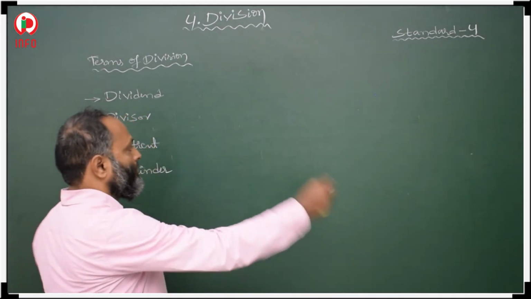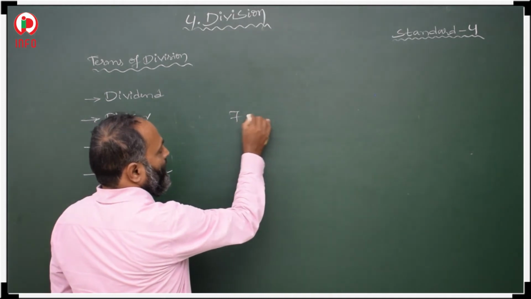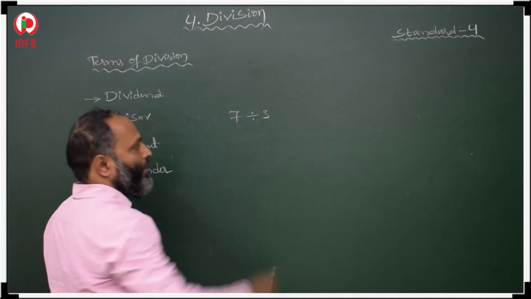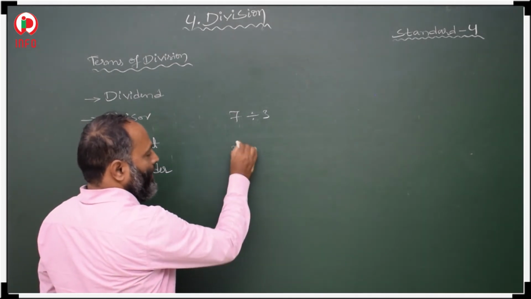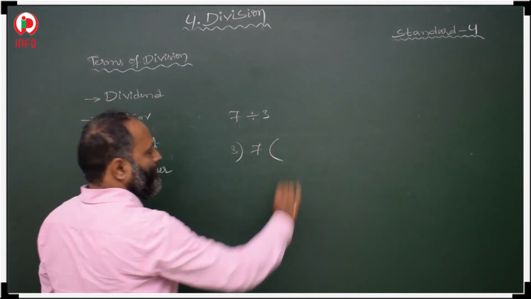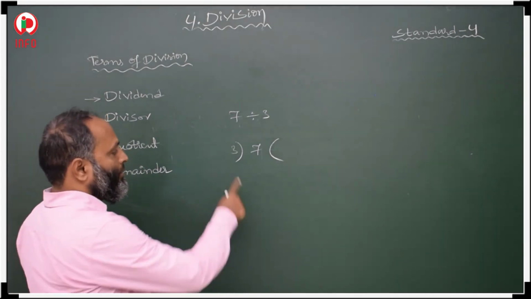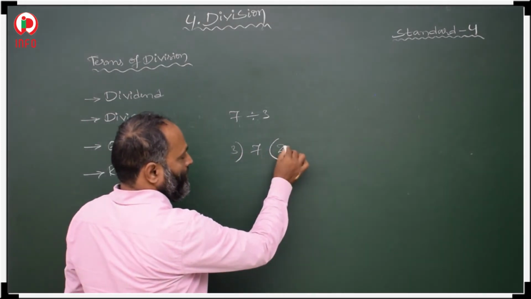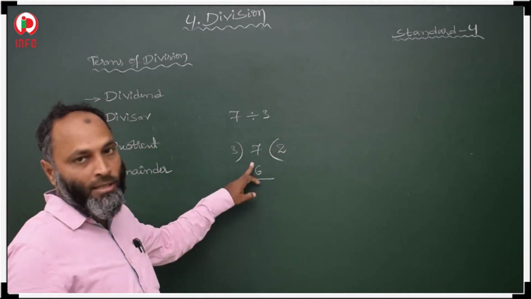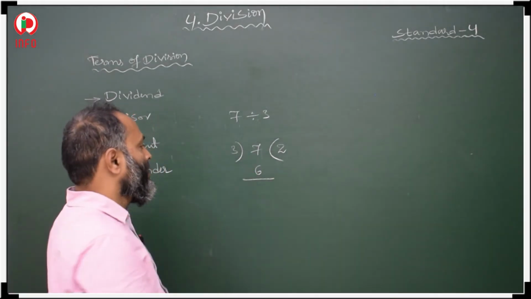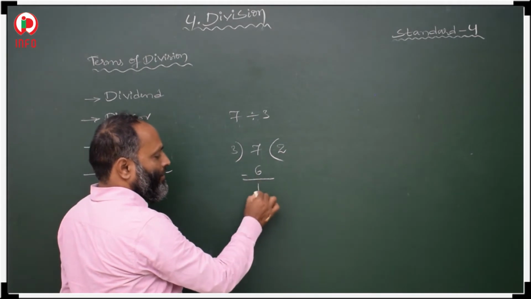For example, 7 divided by 3. It means 3 divides 7. 3 2s are 6. So 7 is near to 6. And here 7 minus 6 is 1.